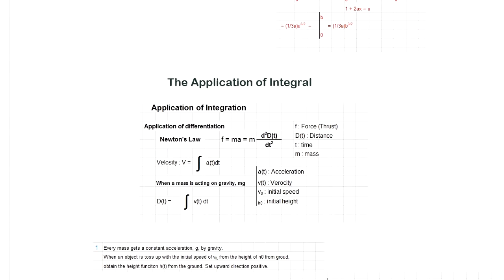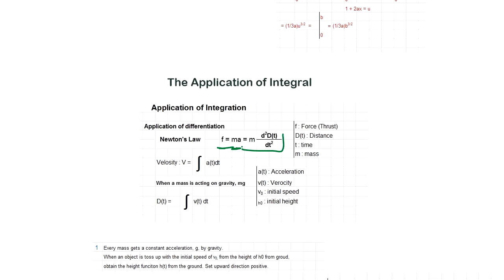Application of integral. Here we talk about another application besides calculating area surrounded by a curve or volume surrounded by a curve. Another application of integral is in physics. You see Newton's law, F equals ma, where a is acceleration, right?